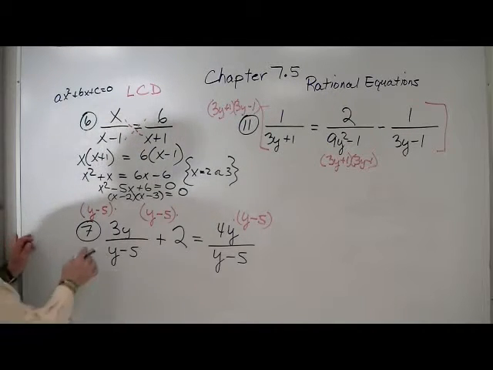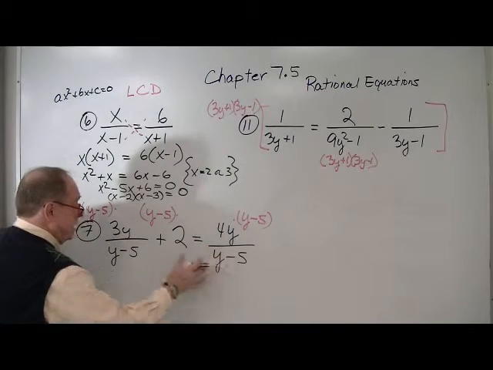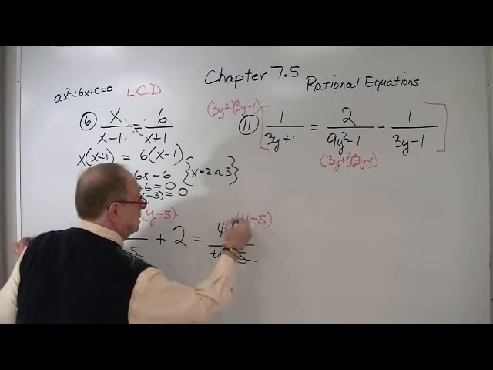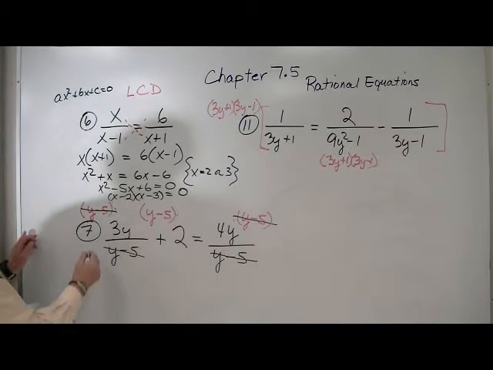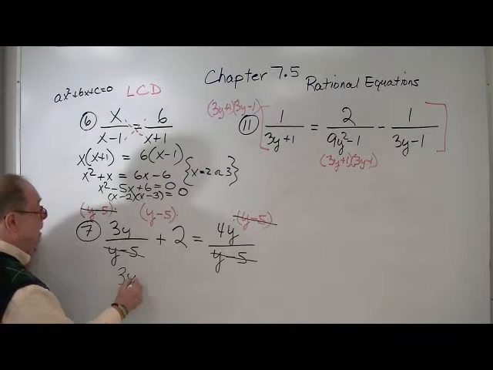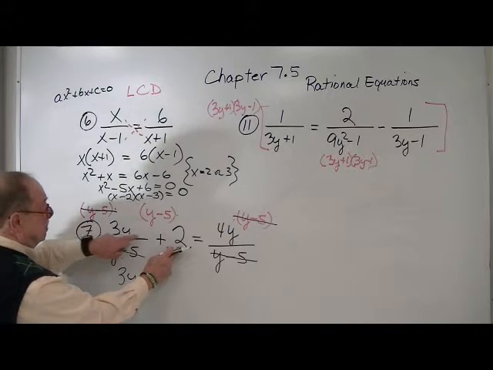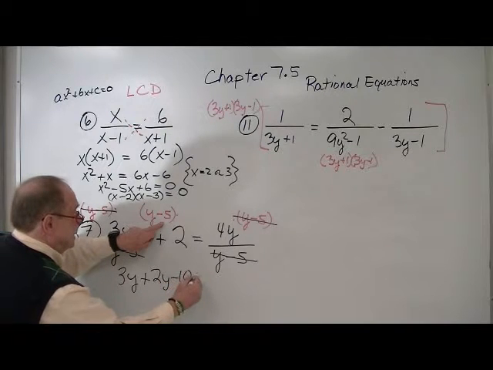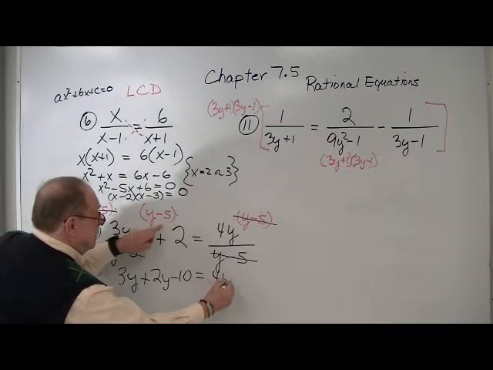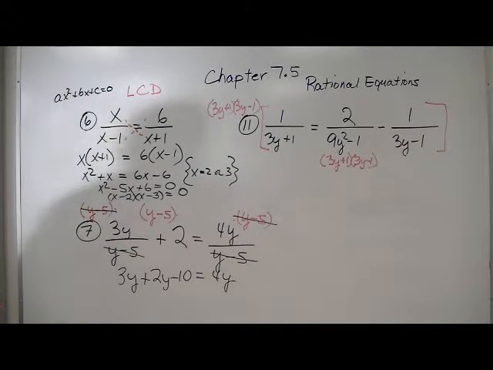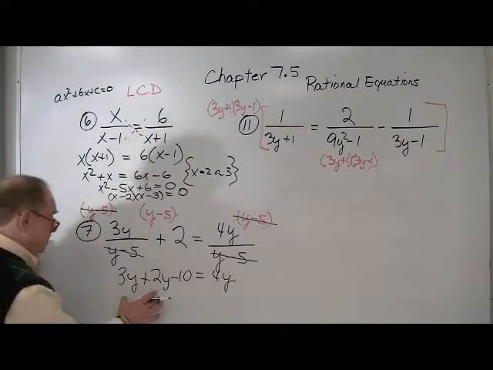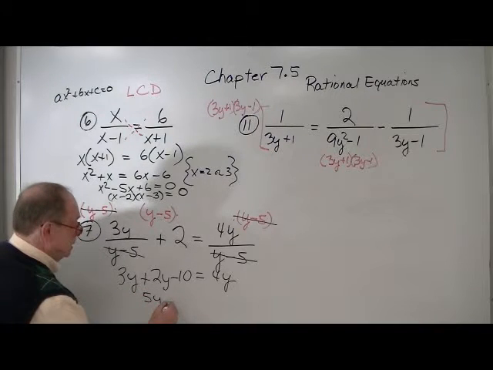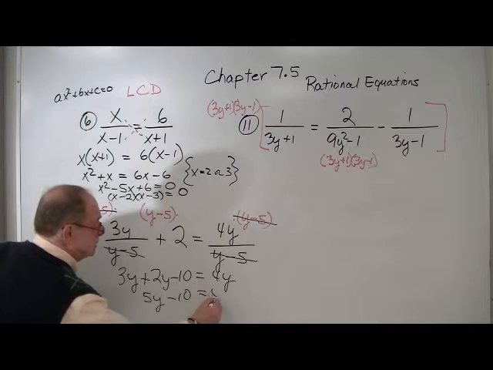In this one, again, we're multiplying every term by the common denominator. Here, they just cancel out. And now we're left with 3y. Now we have to multiply the 2 there, 2y minus 10 equals 4y. So here we group like terms, and we get 5y minus 10 equals 4y.